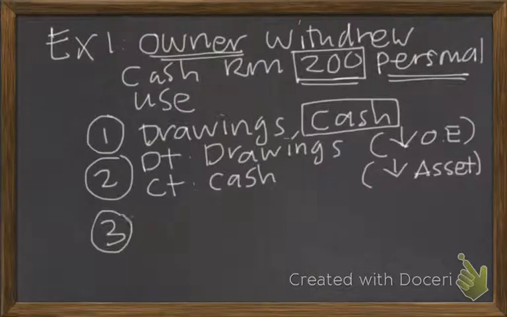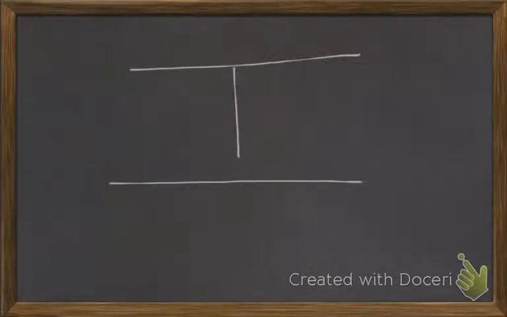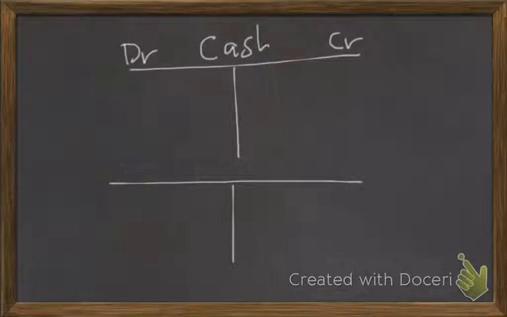So now we record in the T account. We have two accounts involved. One is the cash account. Another one is the drawings account.